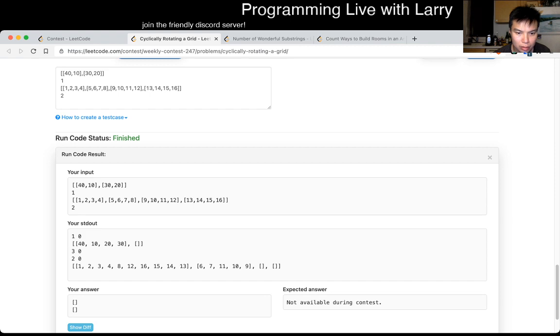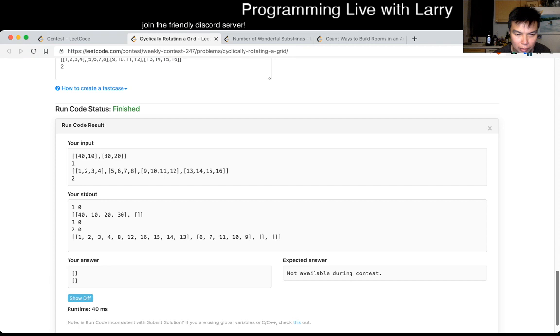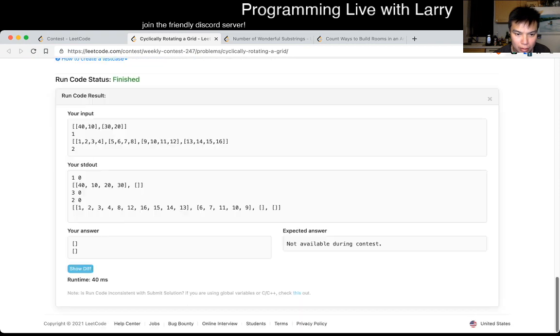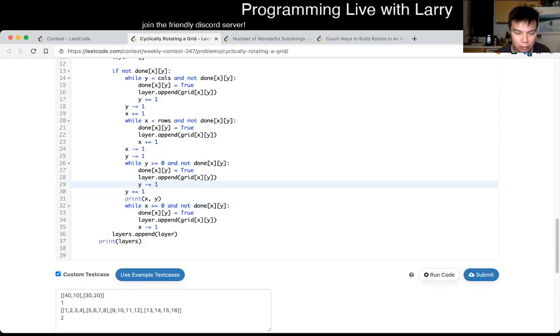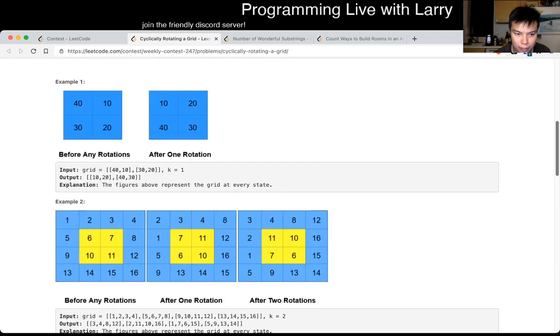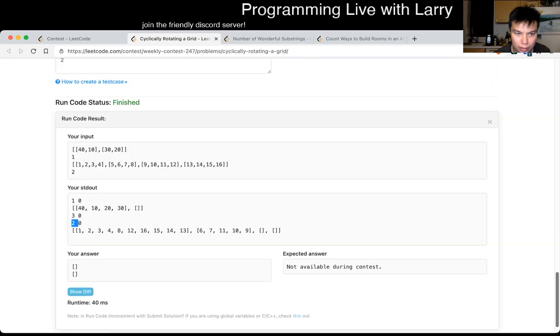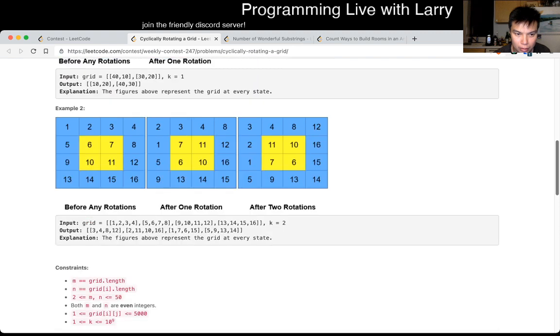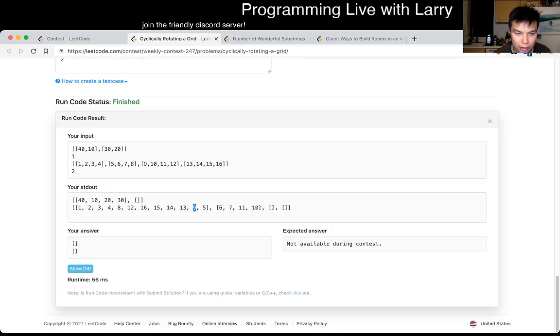13. Has to go back to 9 and 5. I'm missing the 9 and the 5. So, oh, this is 9 and 5, 6, 7, 11, 10.